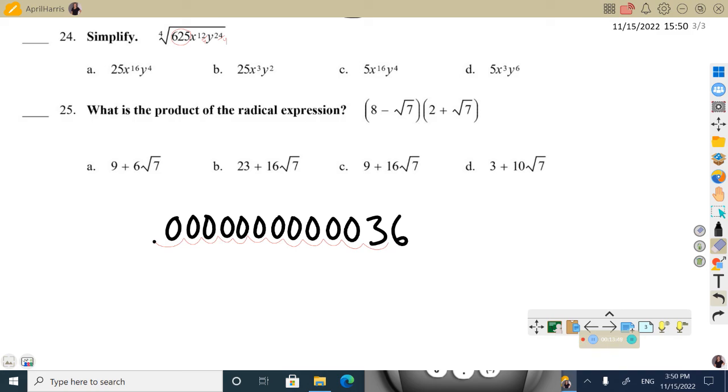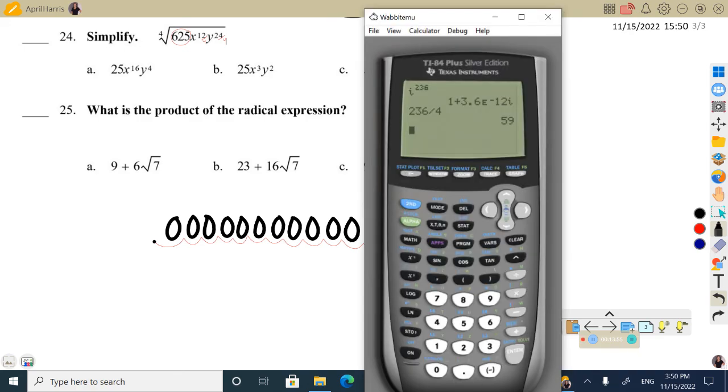So the 4th root of 625, if you need to use your calculator, which you probably do, to get a 4th root, you're going to type in a 4, math, number 5, which is any root, and now you see 4th root of 256, and it gives you 4. So that's a perfect 4th root.